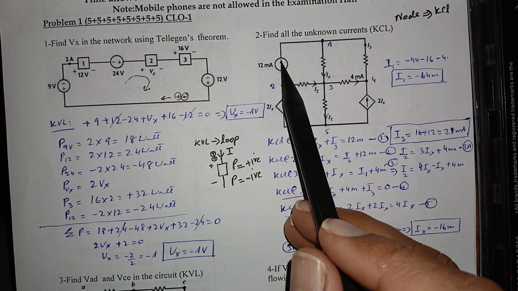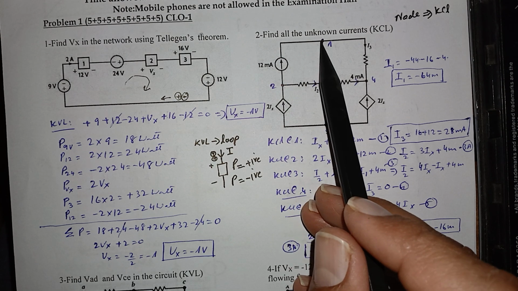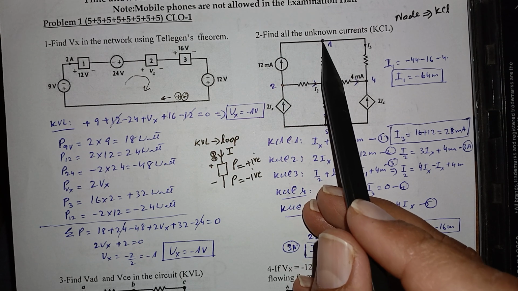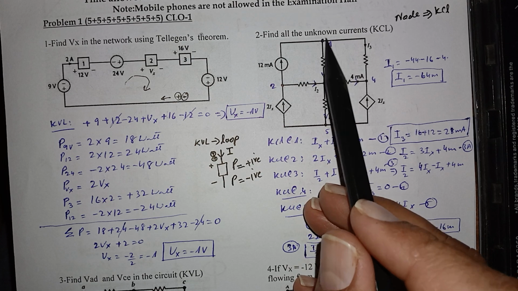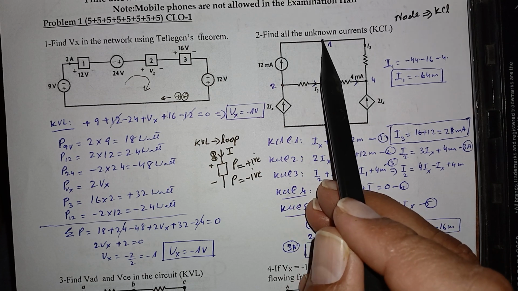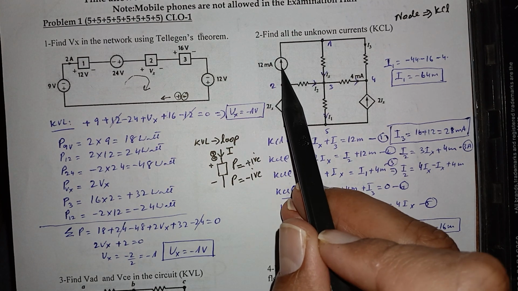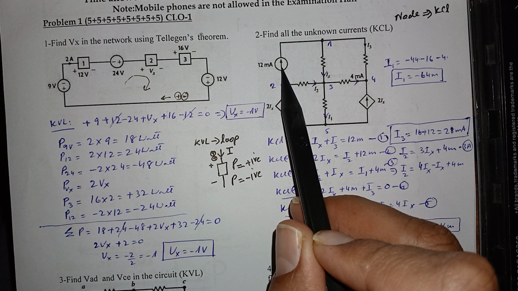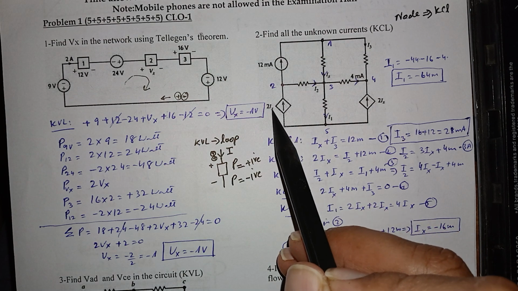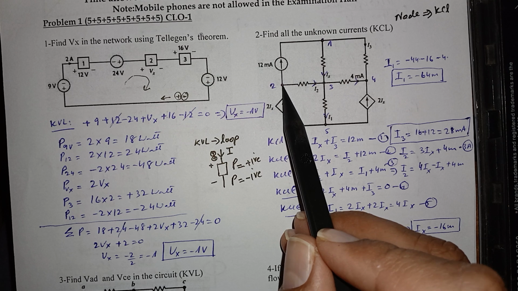For example, if this current is coming in this direction, this seems to be the junction of the current source, this resistor and this resistor. So this is a node. In this particular case, this current source, this resistor, and this dependent current source are joining at this point.